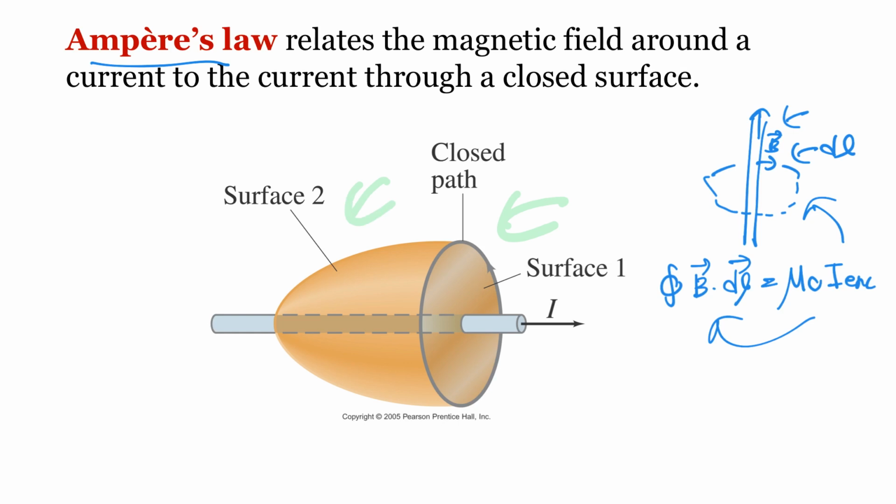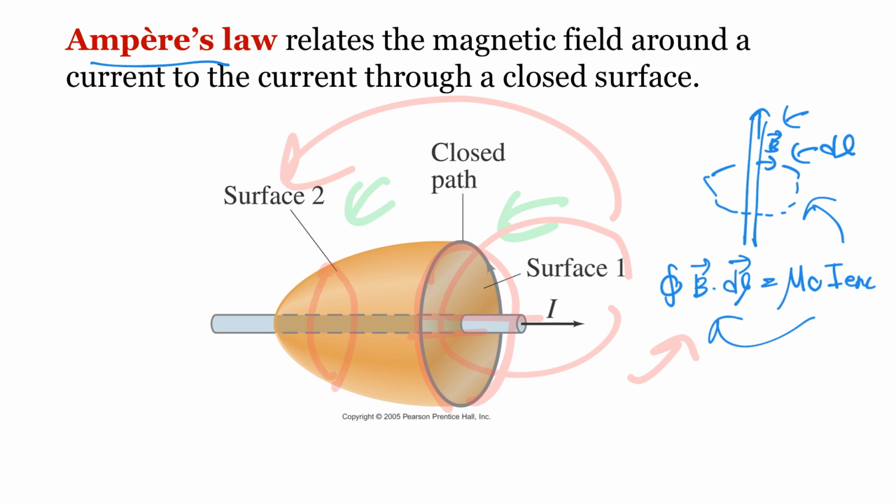When you have surface 1, there is a current enclosed inside the closed loop, so definitely we can use Ampere's law. But what about surface 2? Surface 2 is also a closed area, and if you have a current inside, you can calculate the net magnetic field there.